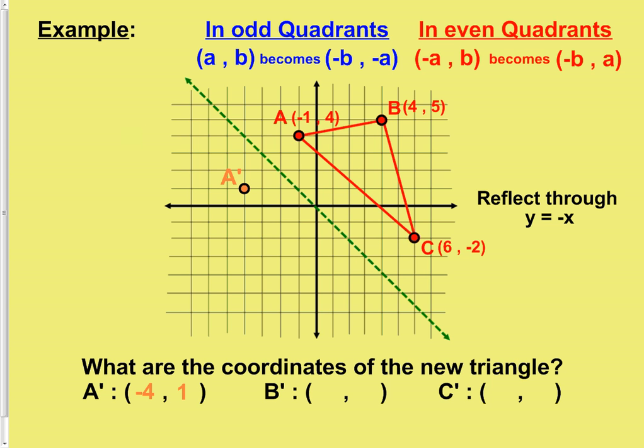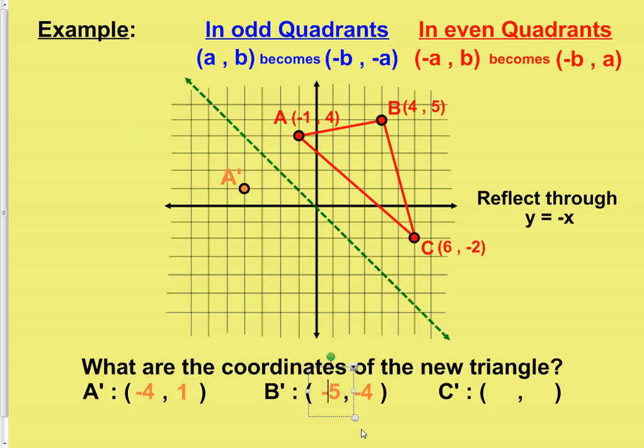Point B is at 4, 5. That is in the first quadrant, which is an odd numbered quadrant. So we're going to switch the position of the abscissa and the ordinate, and we're going to switch their signs also. So 4, 5 becomes 5, 4, and positive, positive becomes negative, negative. Sorry, I have a typo right there in my notes.